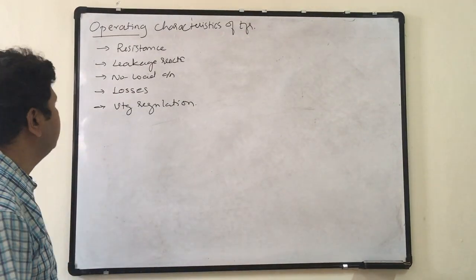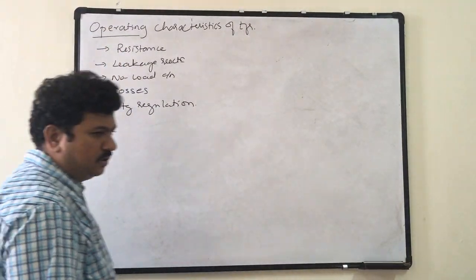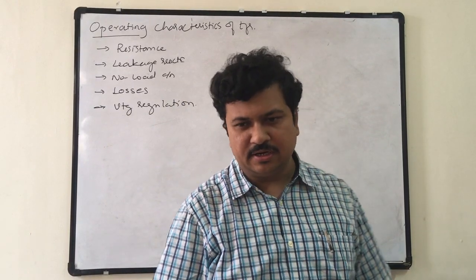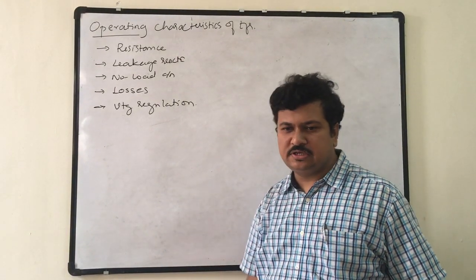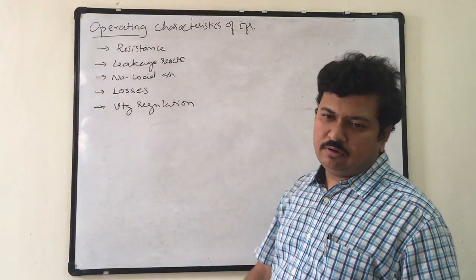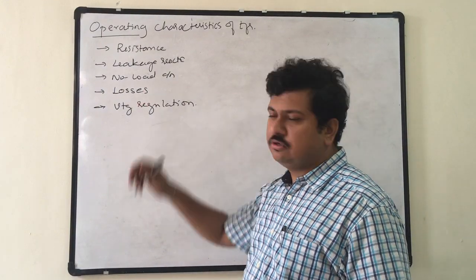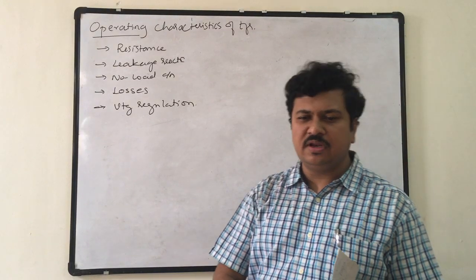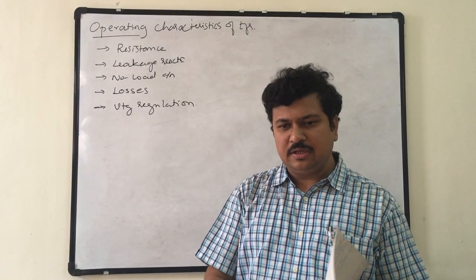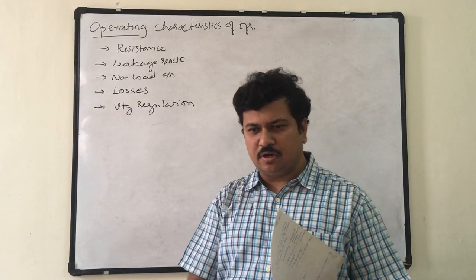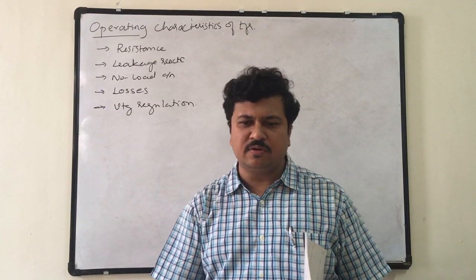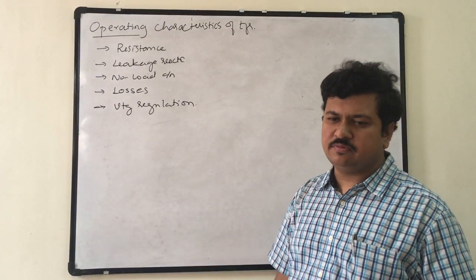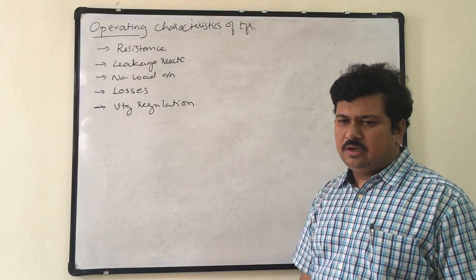Already you people know how to find the resistance of the transformer; leakage reactance you found out by using OC and SC tests. No load current you can get from the OC test, losses and voltage regulation you can calculate from various testing methods. Those are the operating characteristics obtained after the transformer was fabricated and put into service.